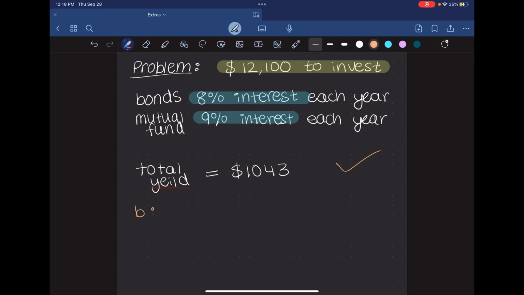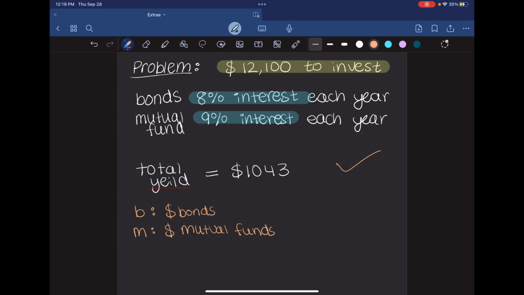Okay, so I can come up with two variables. I can use B to be the amount that I invested in bonds, and I can use M to be the amount that I invested in mutual funds. We're going to set up a system of linear equations with B and M as our variables.